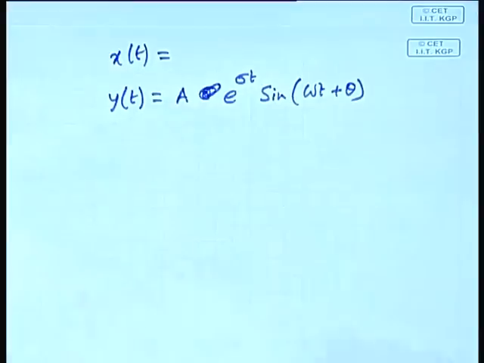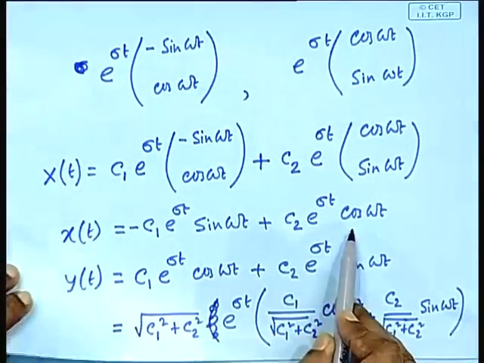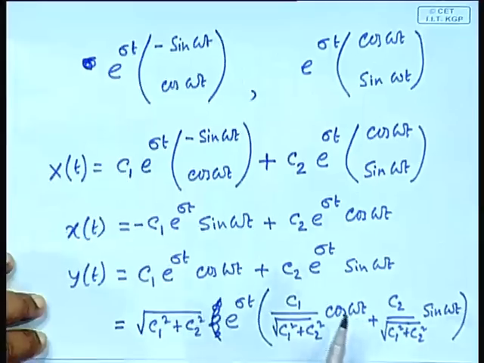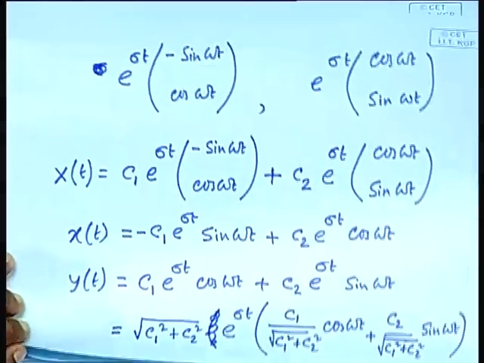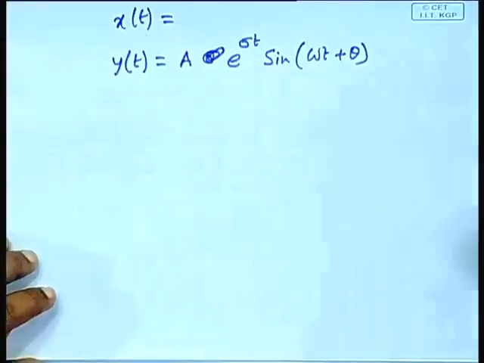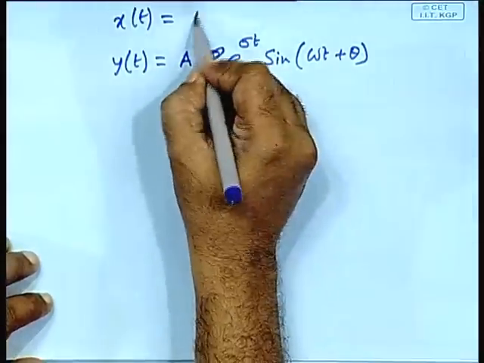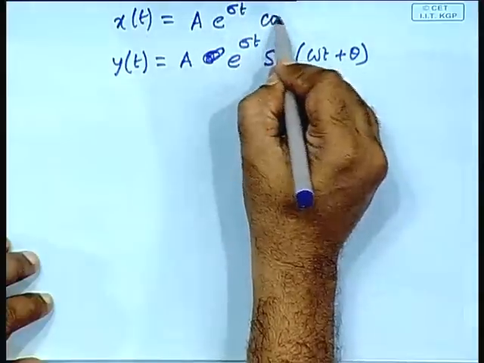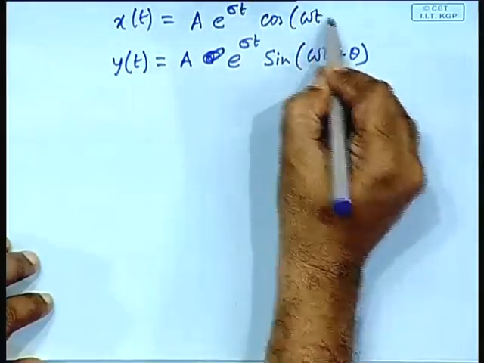What will x t be? X t was, we started with this, do the same manipulation and check what is x t then. Do exactly the same manipulation. Yes, so it is A e to the power sigma t cos omega t plus theta.